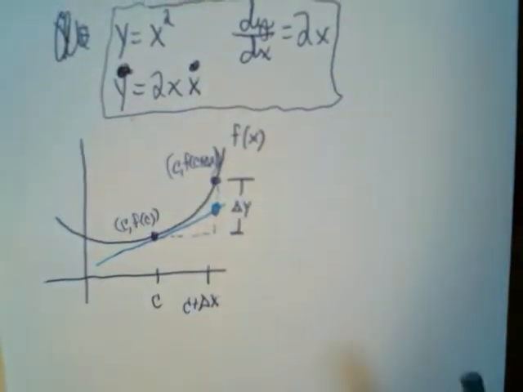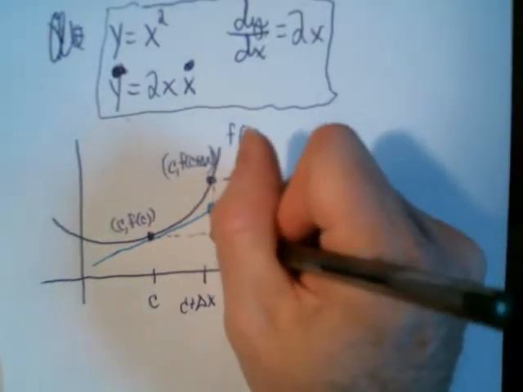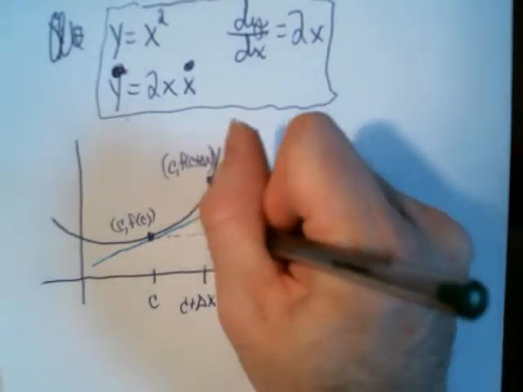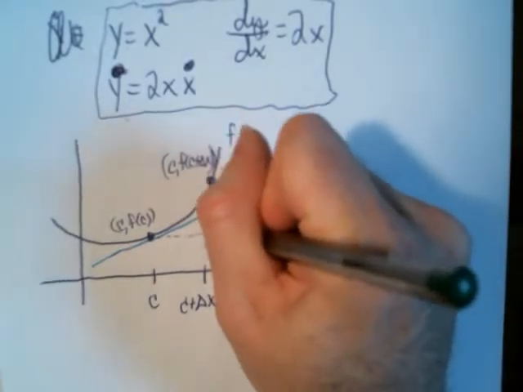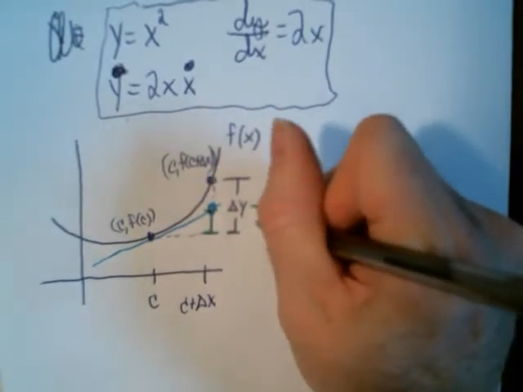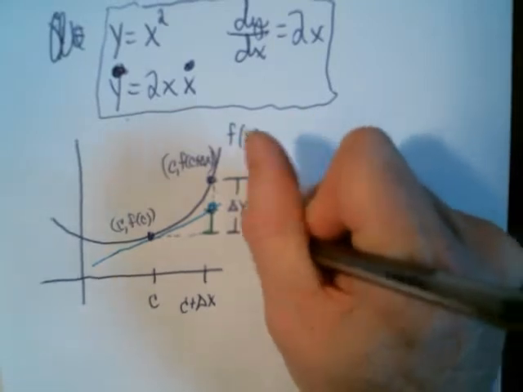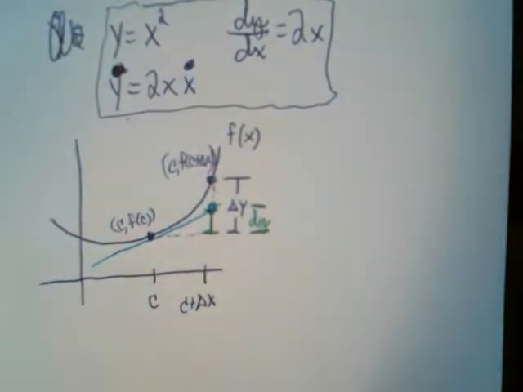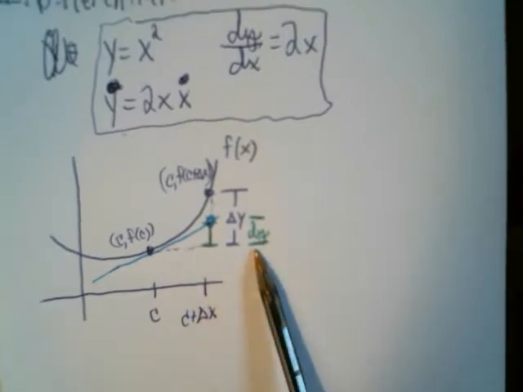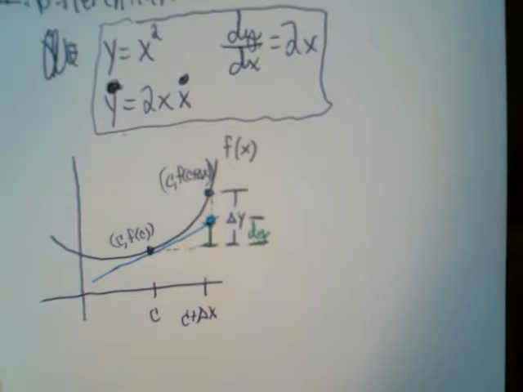And this other distance from here to here is going to be the differential. So what we'll be doing in the applications is approximating this change in y with the differential dy.